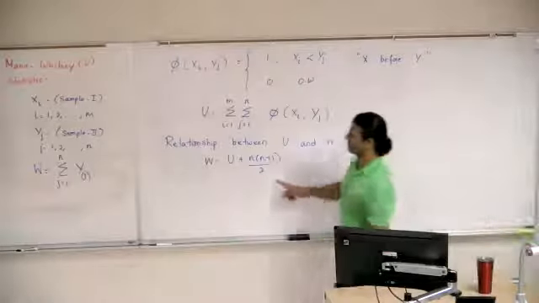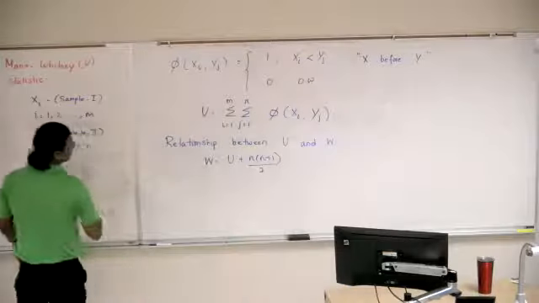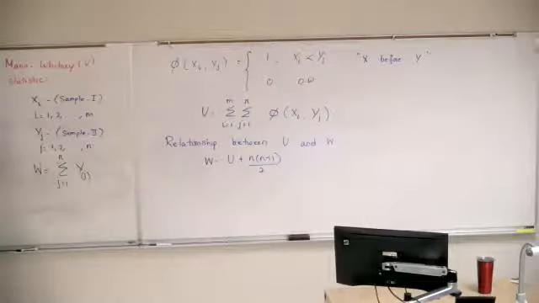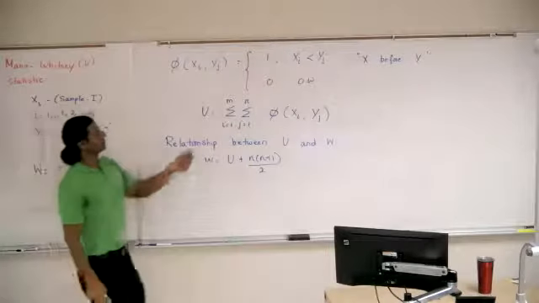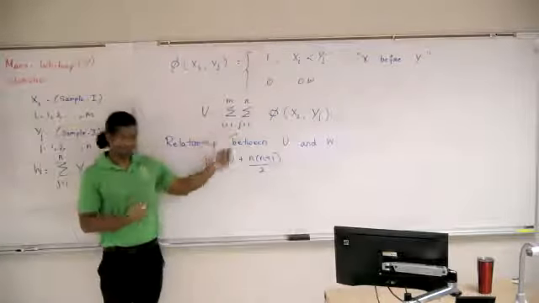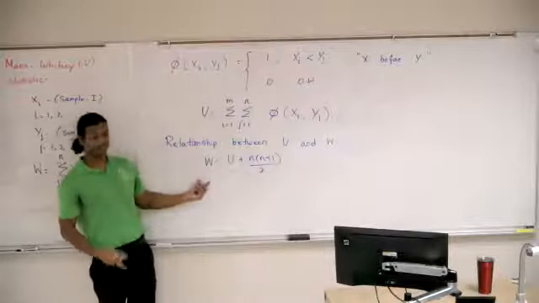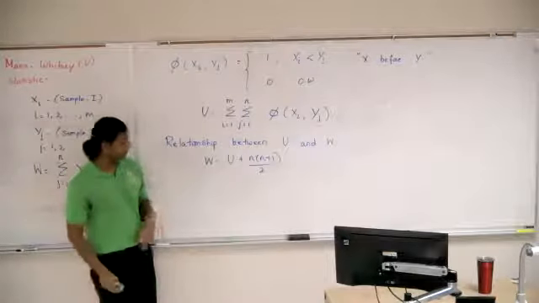That comes from the y values, the sum of the ranks corresponding to y. So even if we find U, we can find W using U.